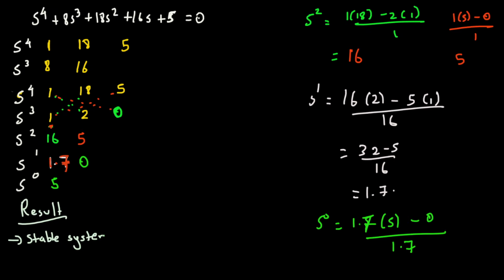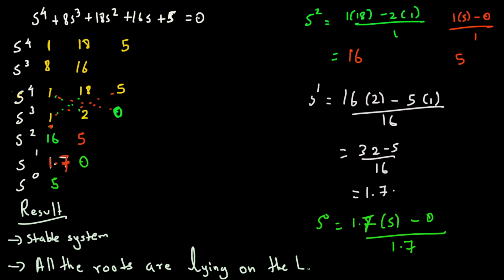If it's positive, the roots are in the left half of the s-plane; if negative, in the right half. But here we don't have any negative, so all the roots are lying on the left half of the s-plane.